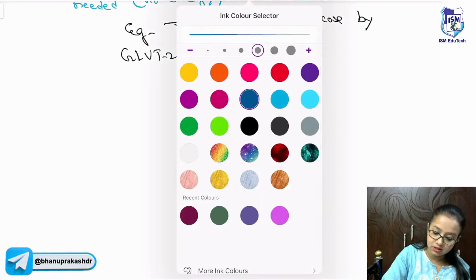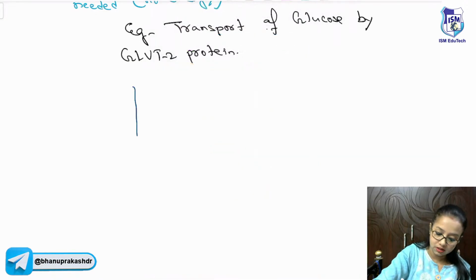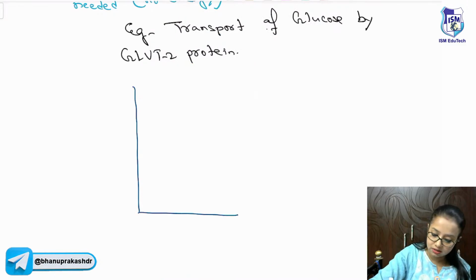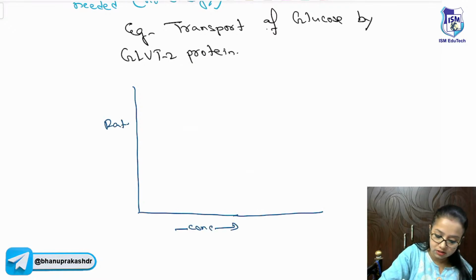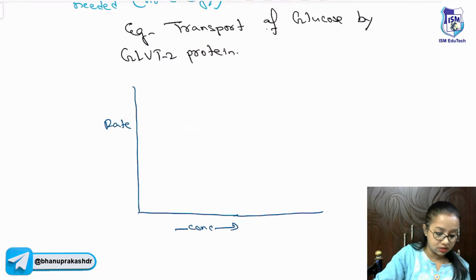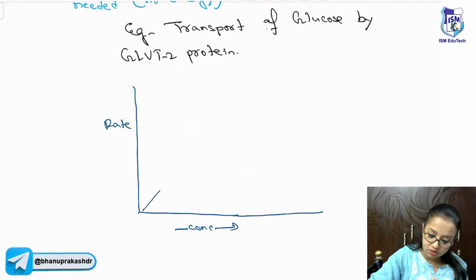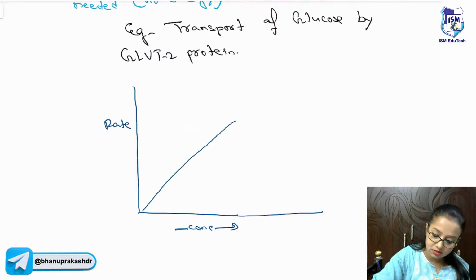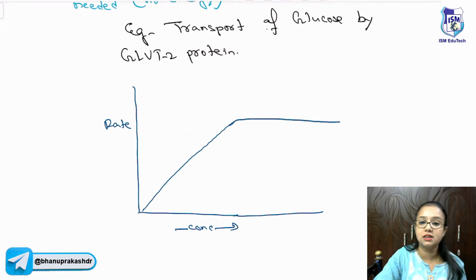So the graph, if we draw it for facilitated diffusion, stands out to be like this: concentration and this is the rate. So in case of facilitated diffusion, what do we see? With the increase in the concentration, the rate of diffusion increases, but after some time, it becomes static.